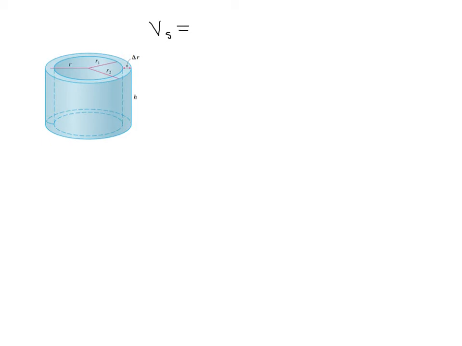The volume of a single shell will equal the volume of the outer cylinder minus the volume of the inner cylinder. The volume of a cylinder is pi r squared h, the area of the base times the height. For the outer one we will have pi r sub 2 squared h, and the inner will be pi r sub 1 squared h.